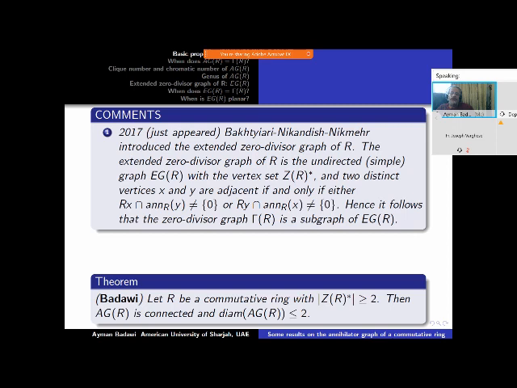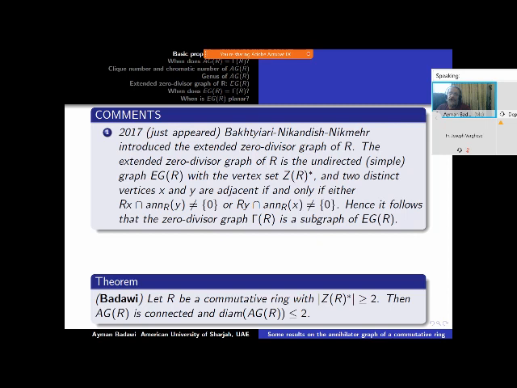So I will state some results now about the annihilatory graph. Let R be a commutative ring and assume that the cardinality of the non-zero zero divisors of R is bigger than or equal to 2, then the annihilatory graph is connected, and the diameter of the graph is less than or equal to 2. Let's stop for a minute here.